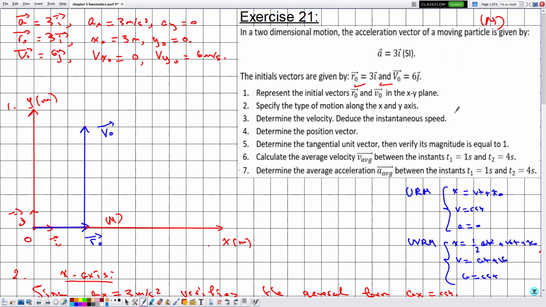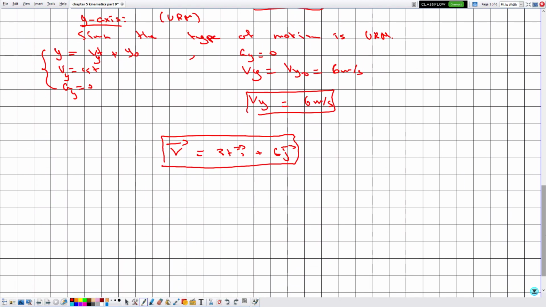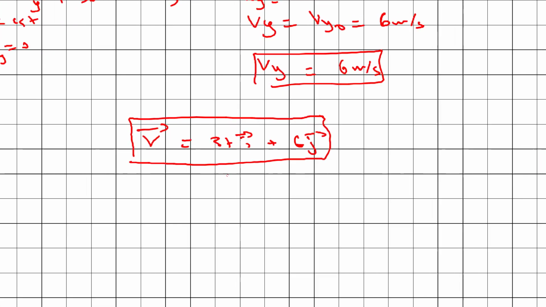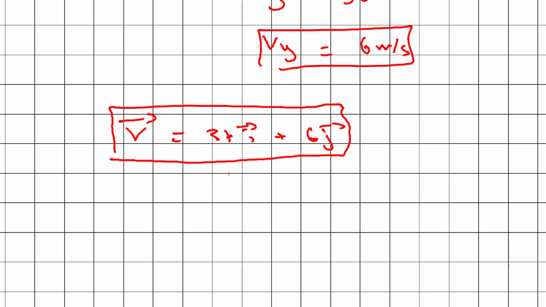Now in the same part they are telling me to deduce the instantaneous speed, and by deduce it means that we need to use the previous part. The instantaneous speed is deduced from the instantaneous velocity. Notice that this is the instantaneous velocity because it explicitly depends on time.